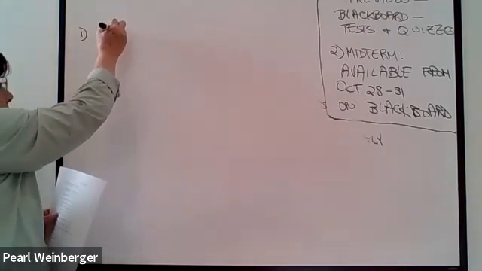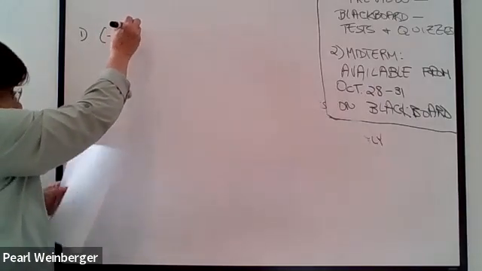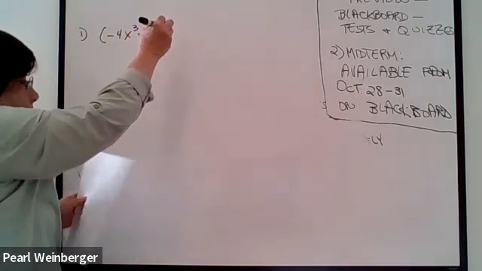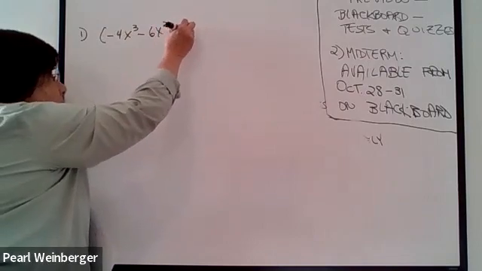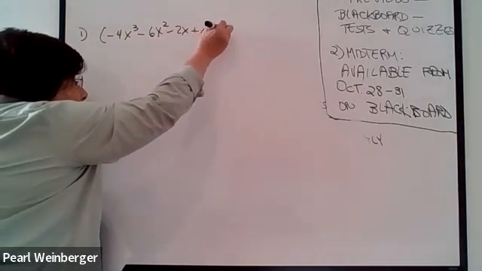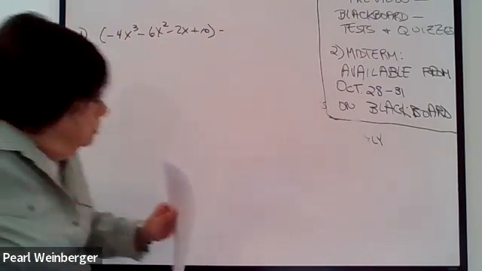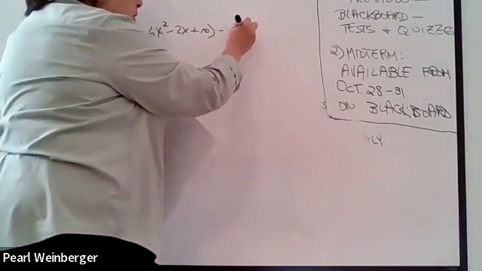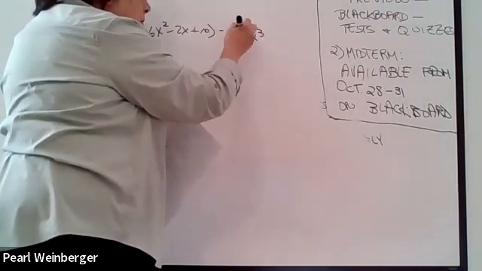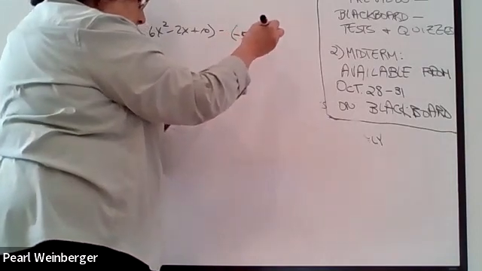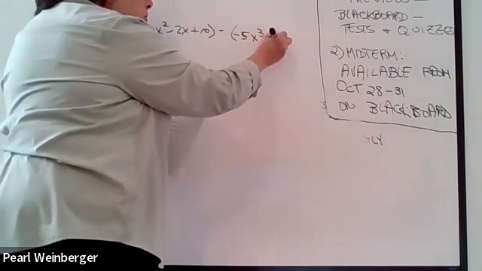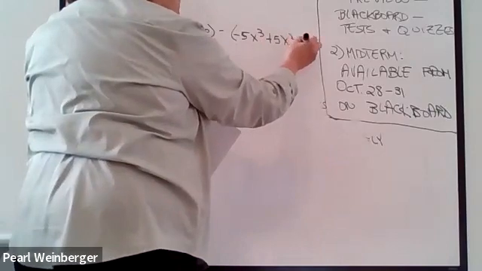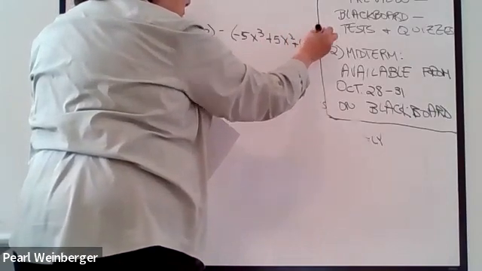So the first one is negative 4x to the third minus 6x squared minus 2x plus 10, minus negative 5x cubed plus 5x squared plus 6x minus 10.